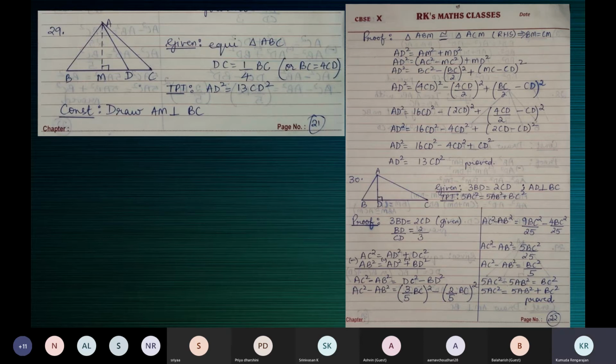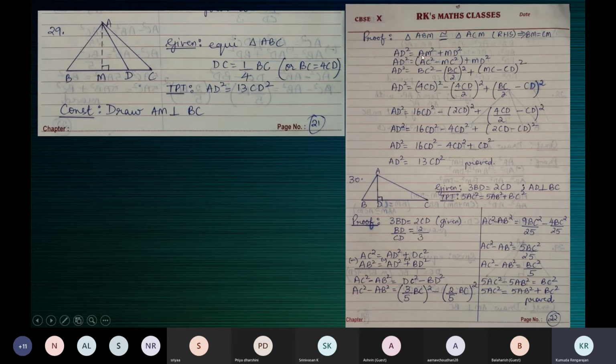So we are not going to write anything for CD square. AD square is in the right triangle ADM, so we're going to do this only with the AD square result.